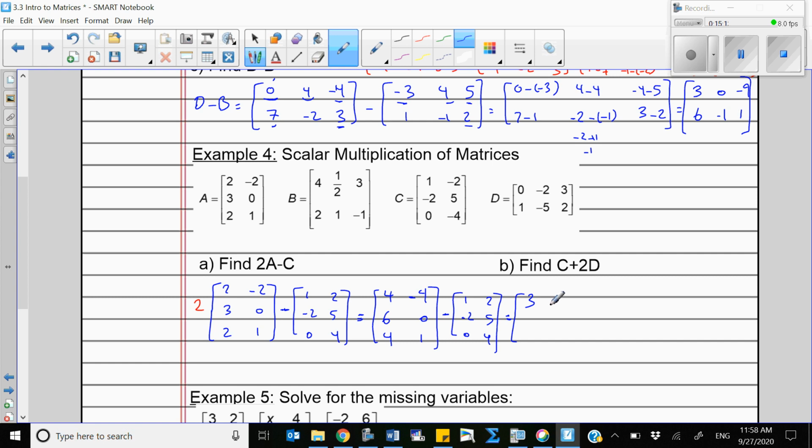Negative 4 minus 2, it's negative 6. 6 minus 2, 4. 0 minus 5 is equal to negative 5. 4 minus 0 is 4. And 1 minus 4 is equal to negative 3. So that will be the answer here.